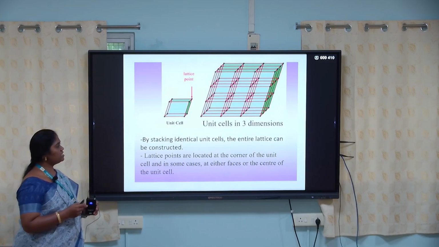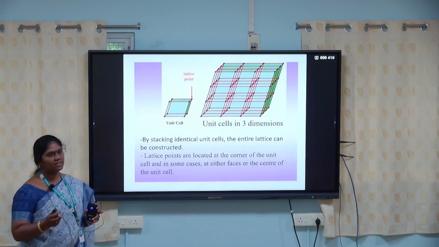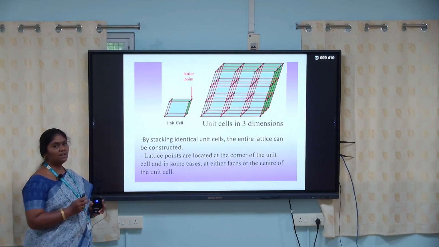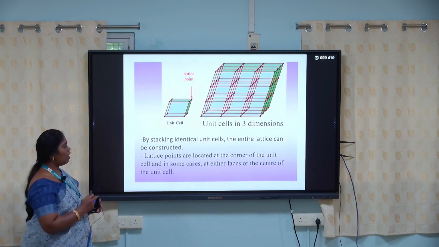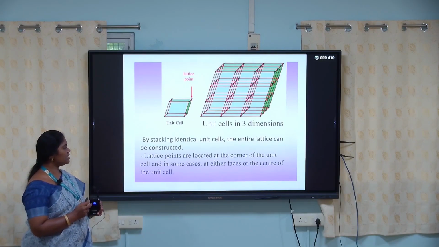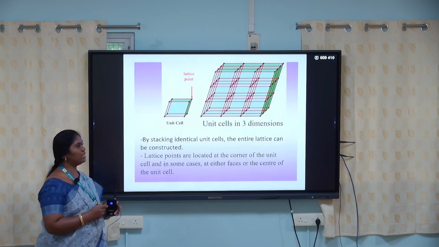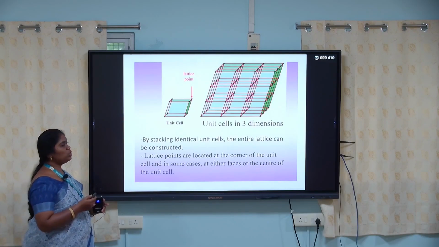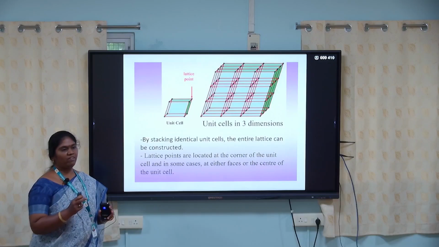So here you can see the unit cell, that is the entire lattice in the unit cell can form the exact crystal structure. So the lattice points are located in the corners of the unit cell, and in some cases at the faces or at the center of the unit cell, that is called face center and body center.